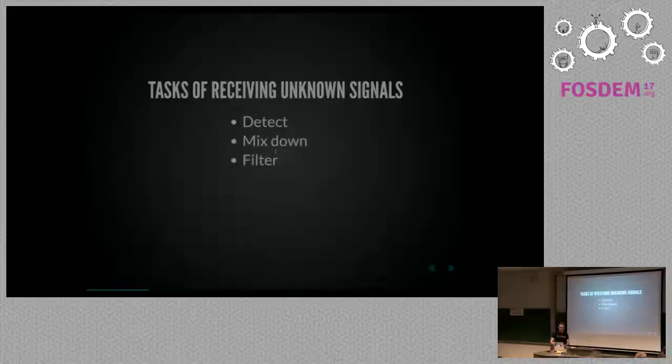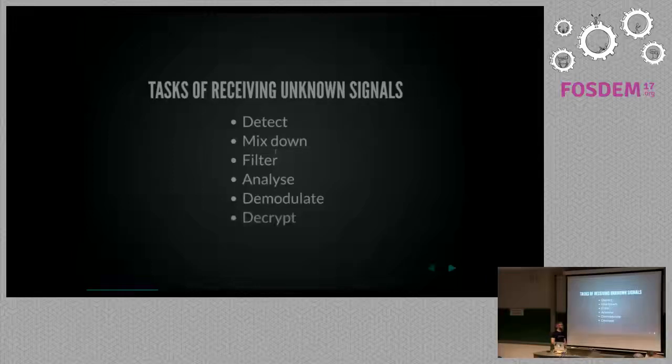And next, you would start like an iterative cycle of analysis, and then doing a step to demodulation, then analyze again some parameters and so on. And if you did that some time, you will be able to demodulate the signal. And if it's encrypted, you also have to decrypt it. So these are all the tasks that are possible.